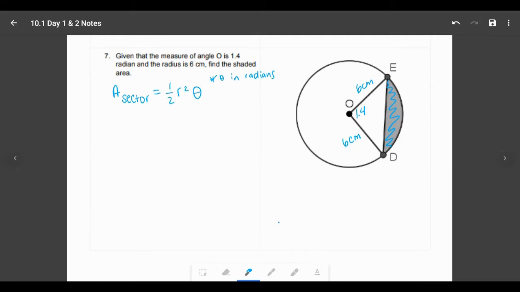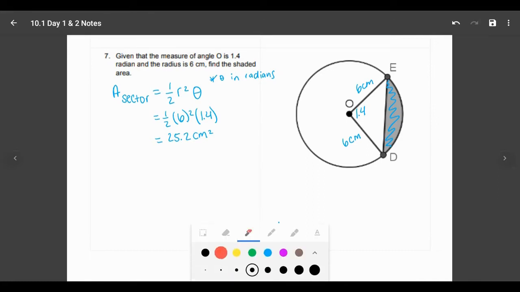So if I plug in my values, and I round this to 1 decimal place, I get that the sector is 25.2 centimeters squared. Now let's go through and find the area of my triangle.